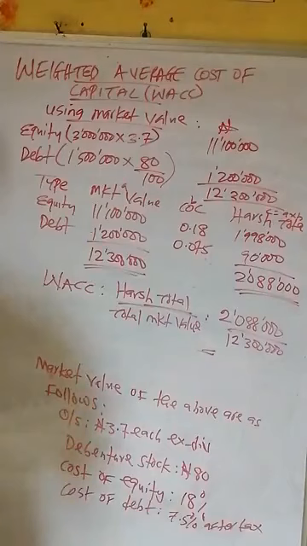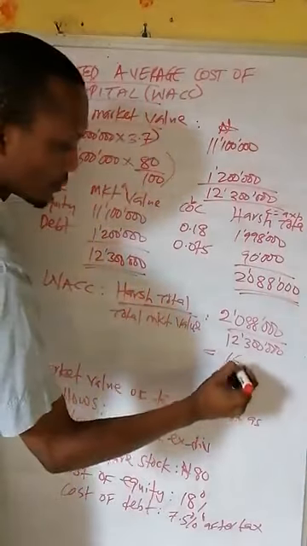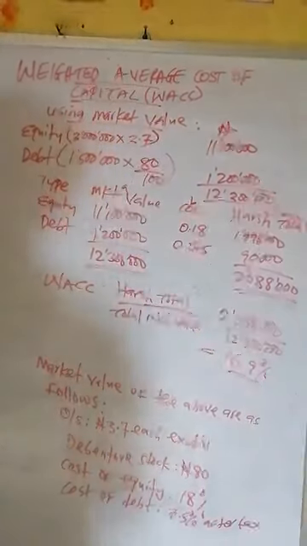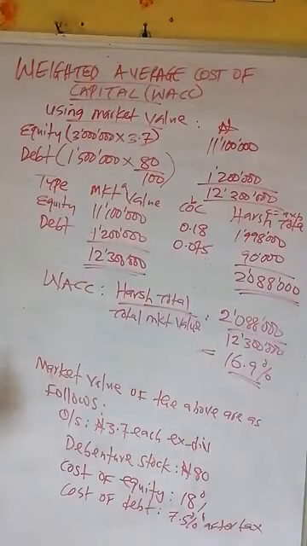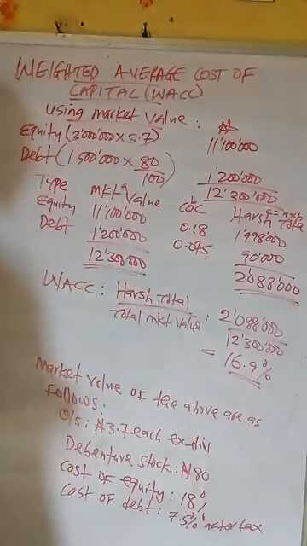We have it to be 16.9%. Yeah, so that is how to compute your weighted average cost of capital.